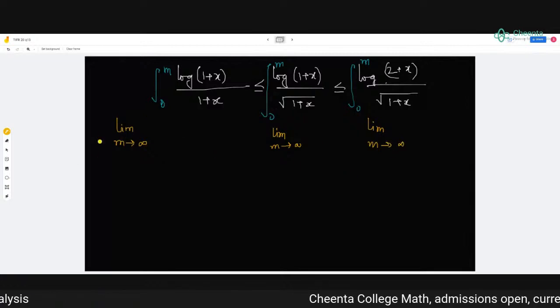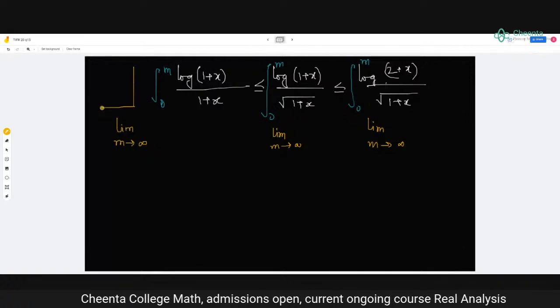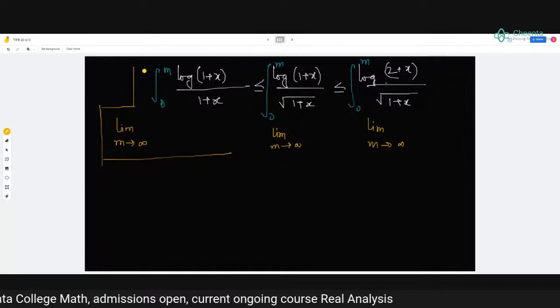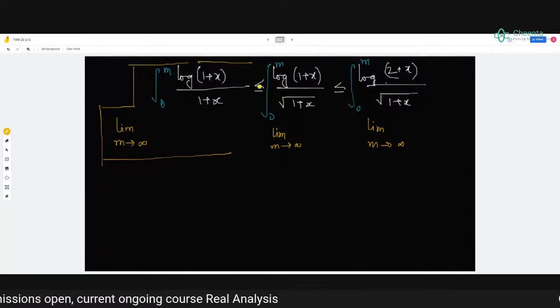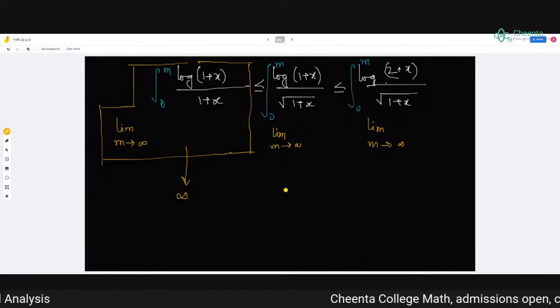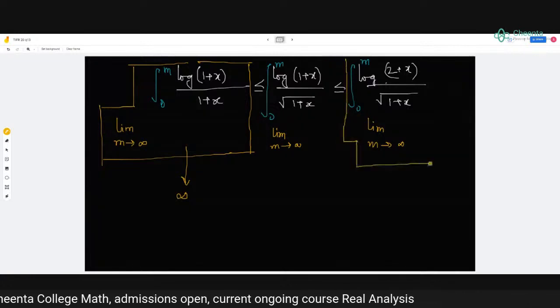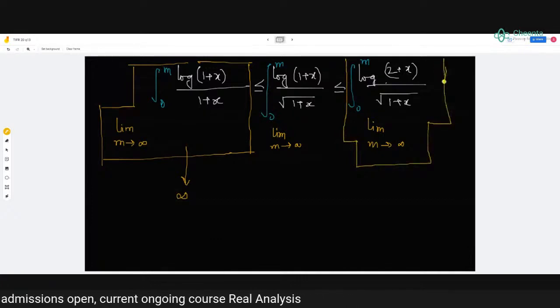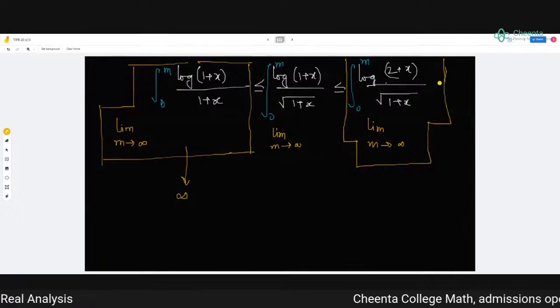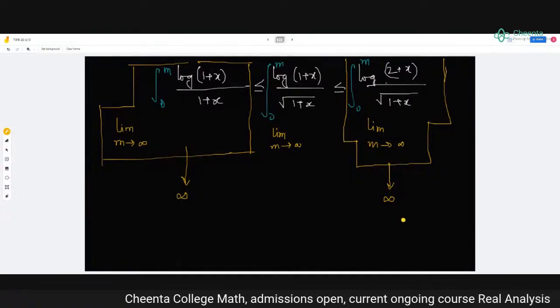So what are we trying to find? Suppose the first half of this inequality, after taking the integration and then the limit, goes to infinity. Then by the law of integral inequalities that we have just seen, the term which is the numerator, one of our required terms, will also tend to infinity because of the inequalities.